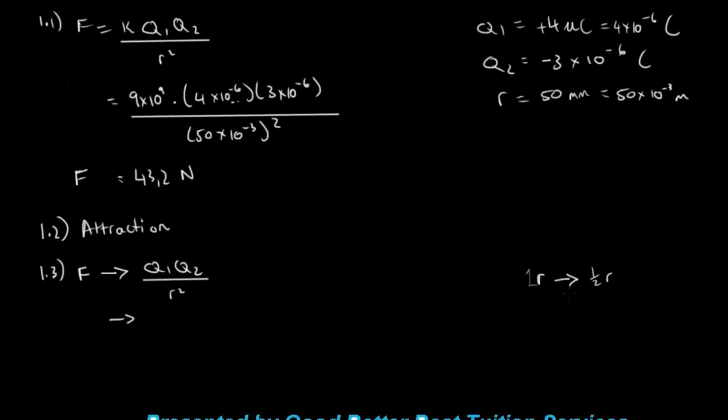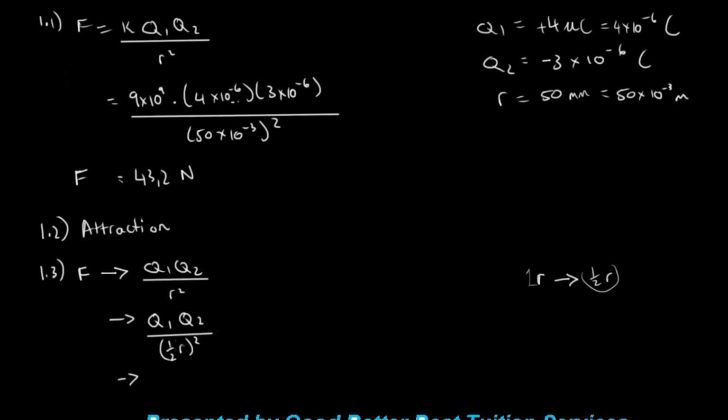Well, we have to substitute half r for r. So Q1, Q2, and I draw a straight line, all over half r, all squared.